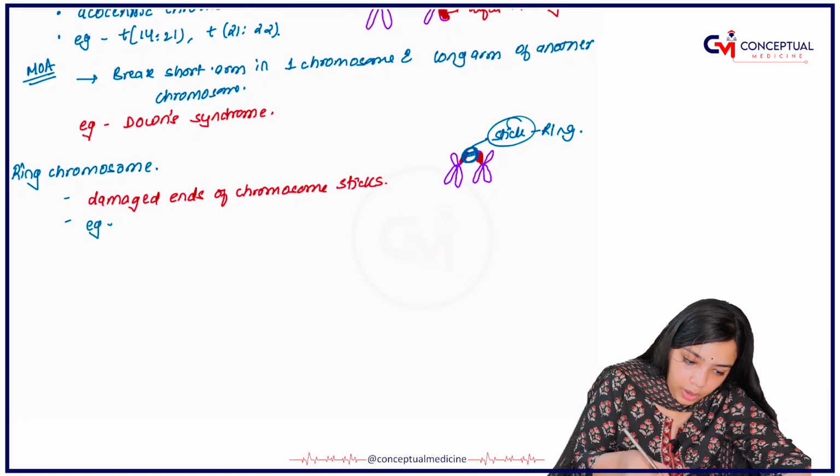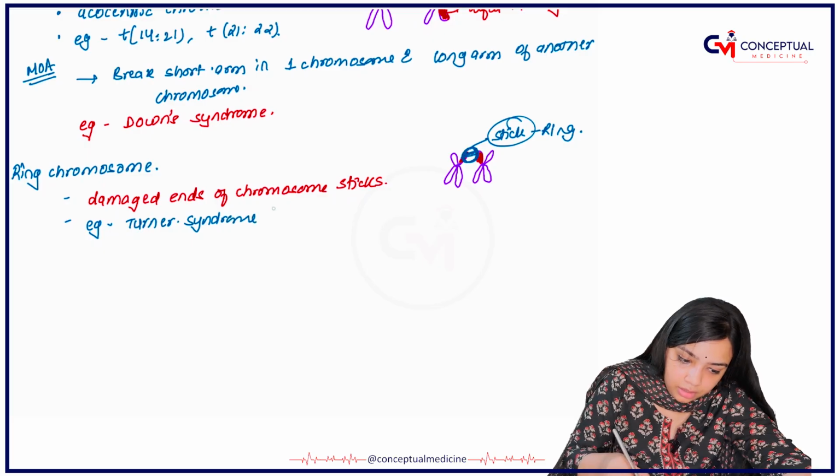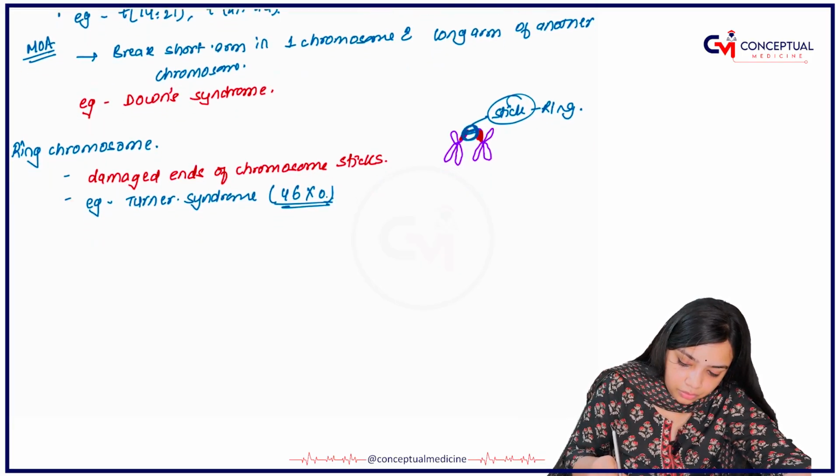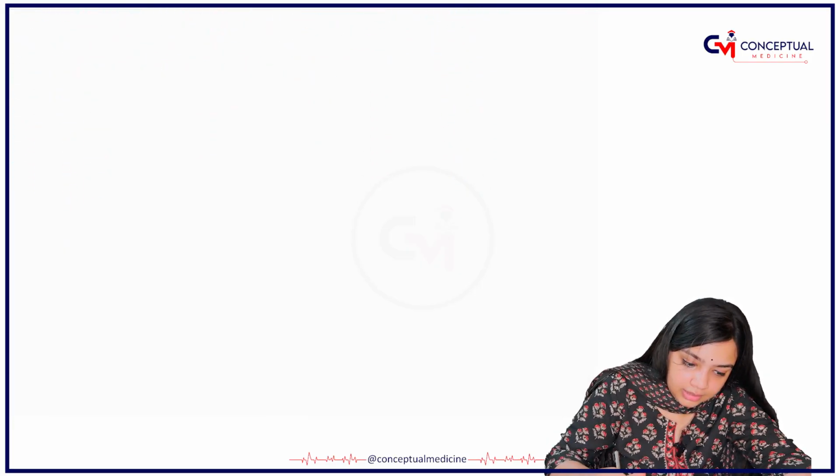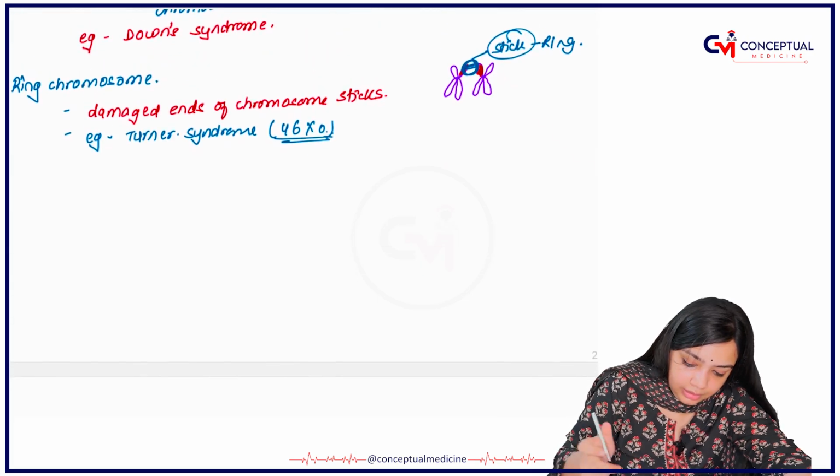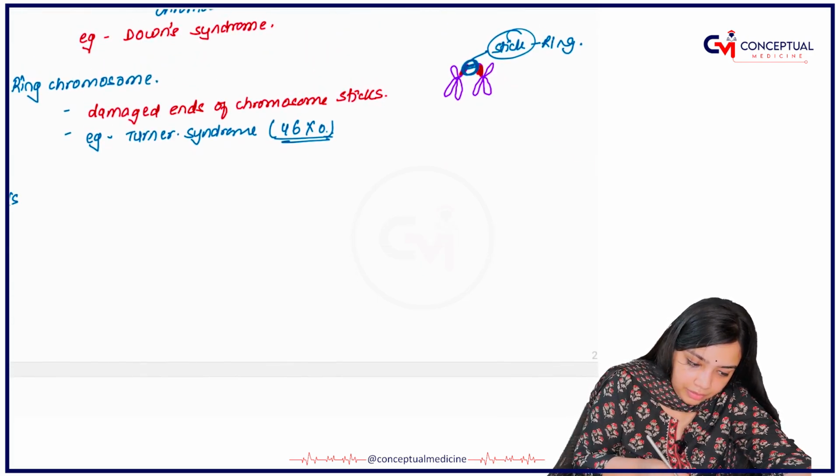In example, you have Turner syndrome, and Turner syndrome is 46XO. Okay. Next thing that I want you all to tell is about the isochromosome.